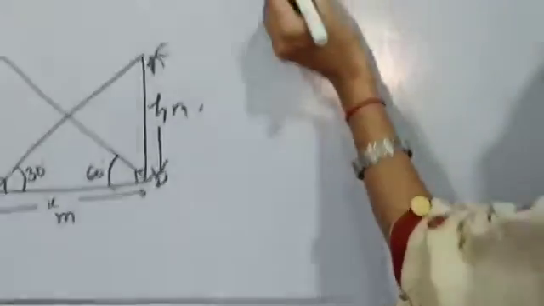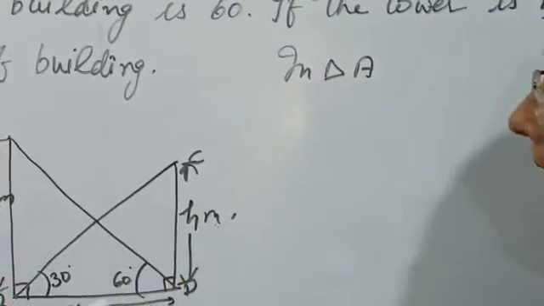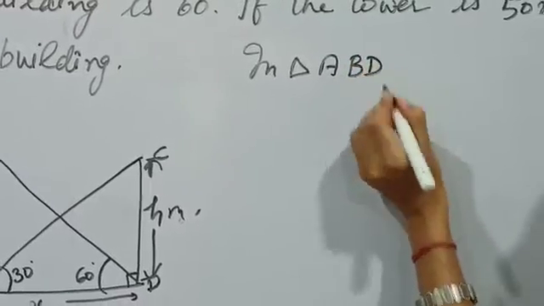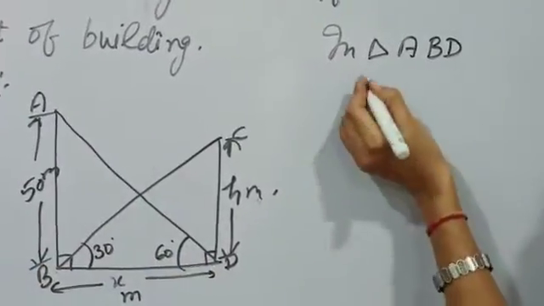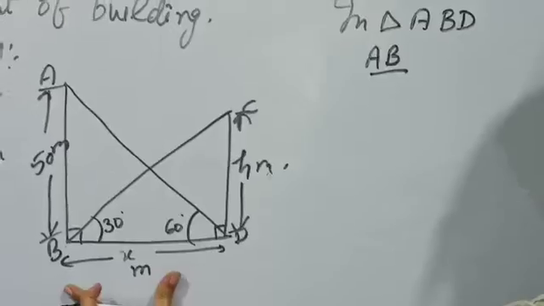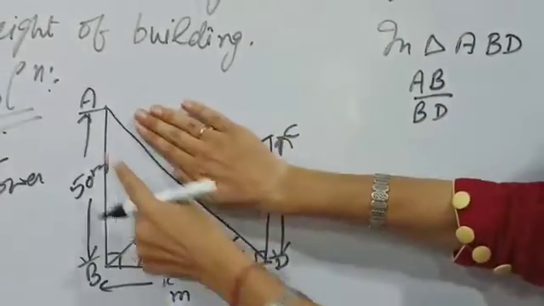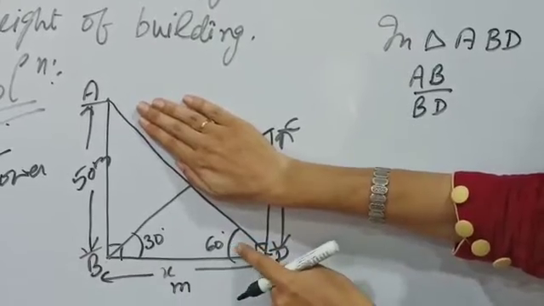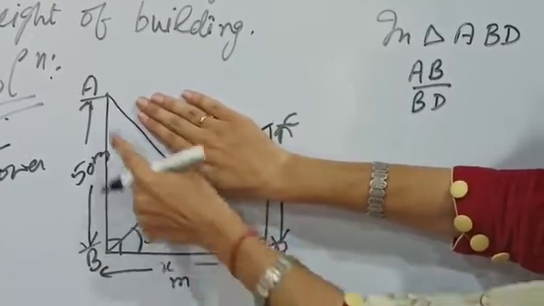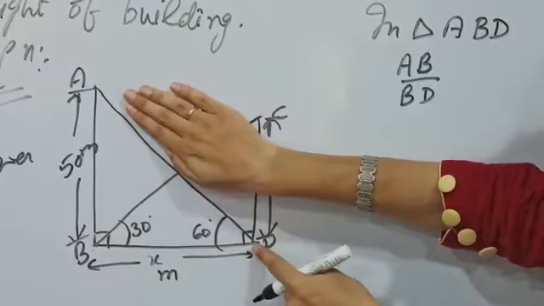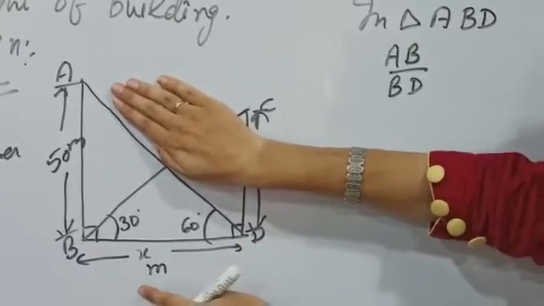So firstly, in triangle ABD, we have the tower height, which is given, upon BD, which we have to find. Considering the 60 degree angle, the opposite side is the perpendicular and the adjacent side is the base.